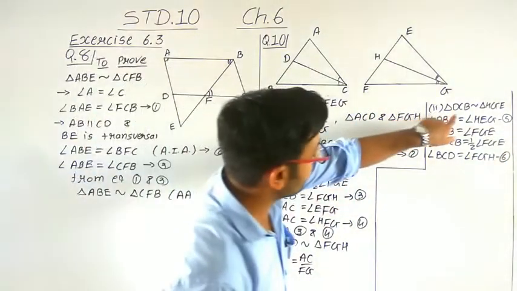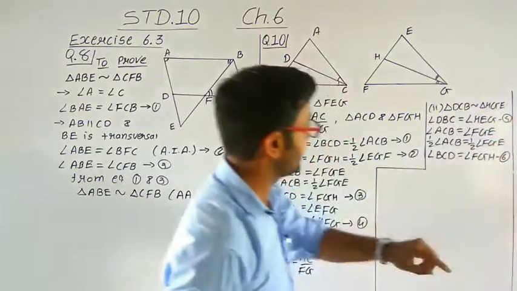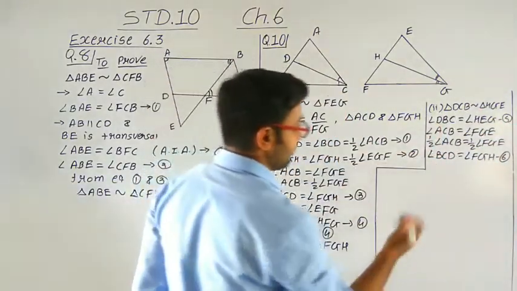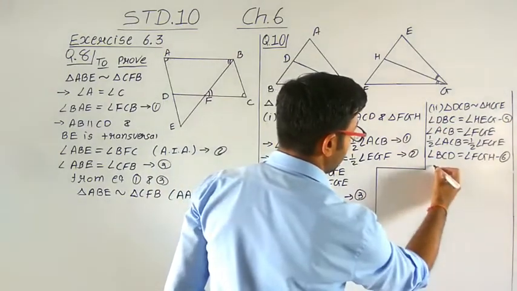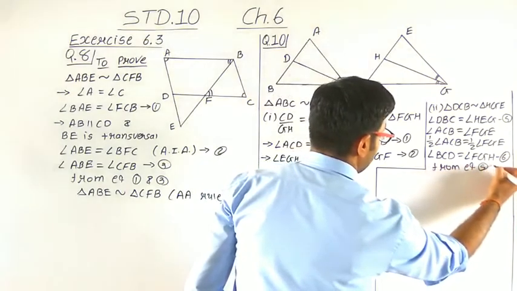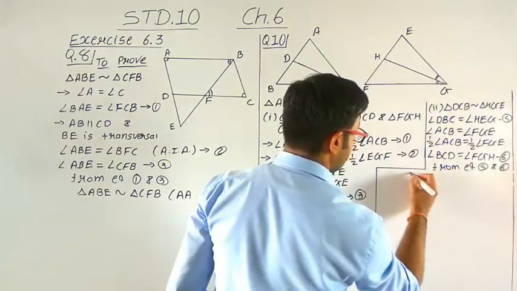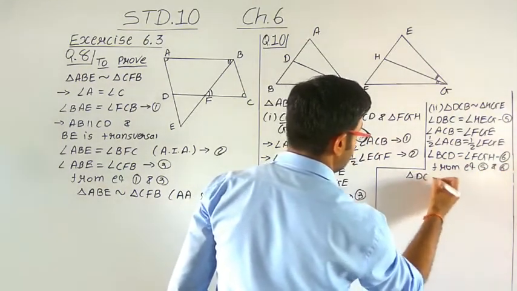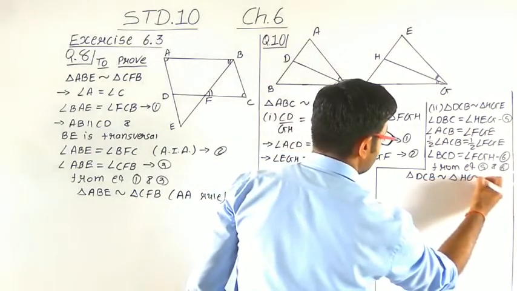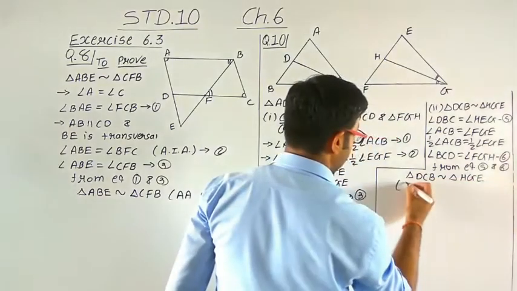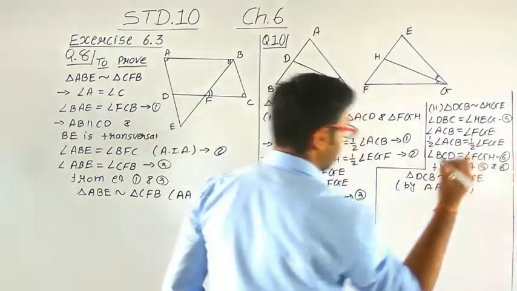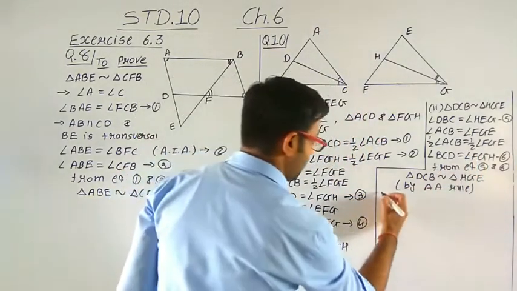So in these two triangles DCB and HGE, two angles are equal. So from equations 5 and 6, triangle DCB is similar to triangle HGE by the angle rule. This is the second thing that we have to prove.